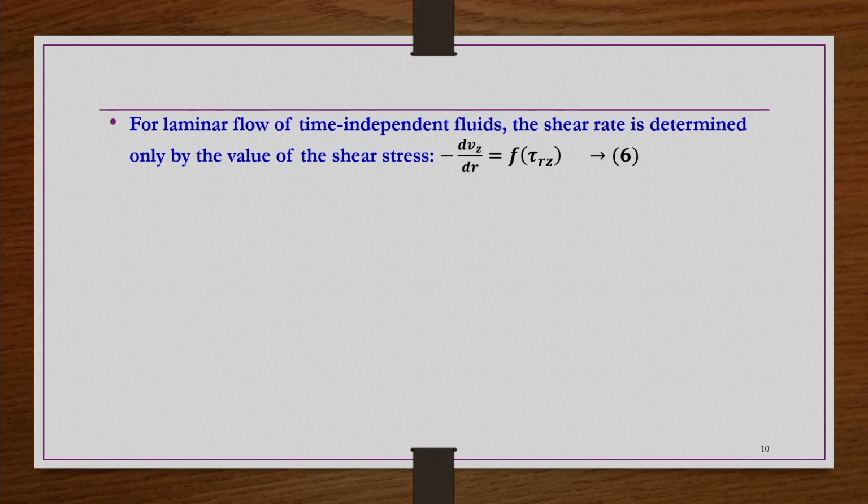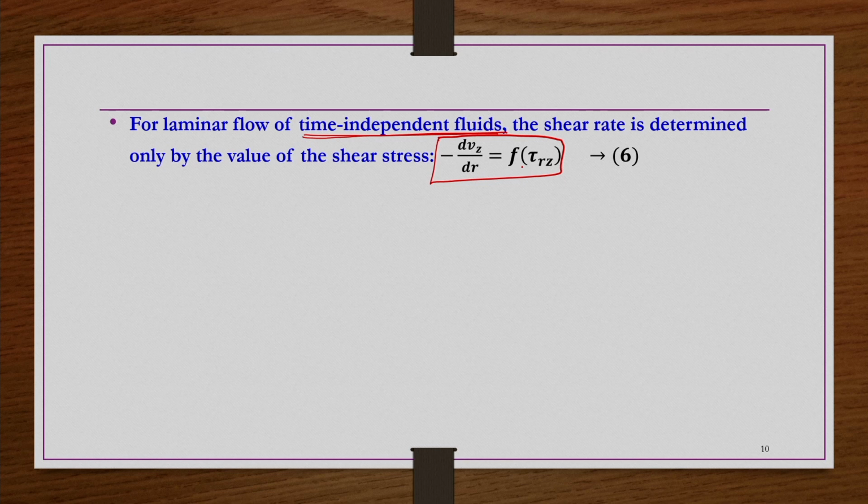So, for laminar flow of a time independent fluid, and this is all we are doing for the time independent fluids analysis from this point onwards, the shear rate is determined by the value of the shear stress. That is, minus dVz by dr equals f of tau Rz. This f function is not known for an unknown fluid.